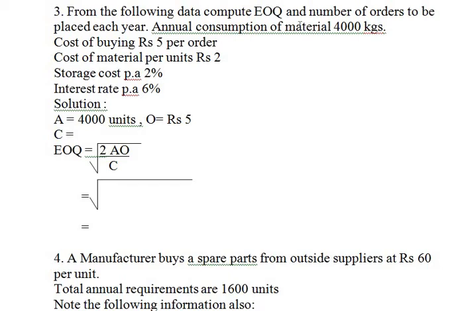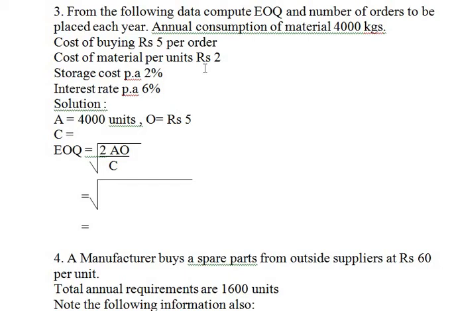Now here annual consumption is given, so annual consumption means A. Cost of buying is nothing but cost of placing an order, so that is rupees 5. Now to calculate C, cost of material per unit is rupees 2. It means it is the inventory value.